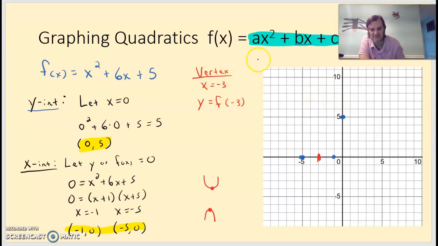So plugging the -3 into our function, we would get -3 squared plus 6 times -3 plus 5. So that y would be 9 minus 18 plus 5, which is -4. So that vertex point will be (-3, -4).